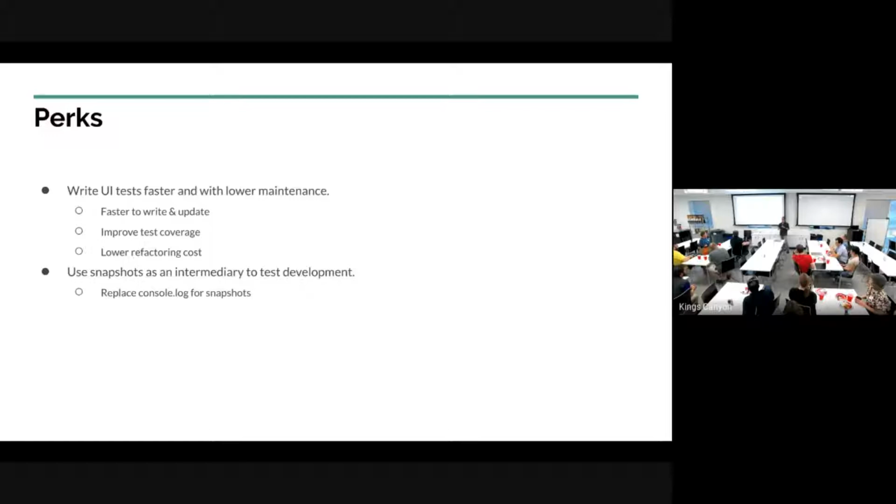You can just say, hey, these are all accepted changes, update, and it will regenerate all your snapshots. You can also interactively pick the ones that you want to accept, or maybe there are ones that are failing. You don't want to accept those for updates. You can do that as well.